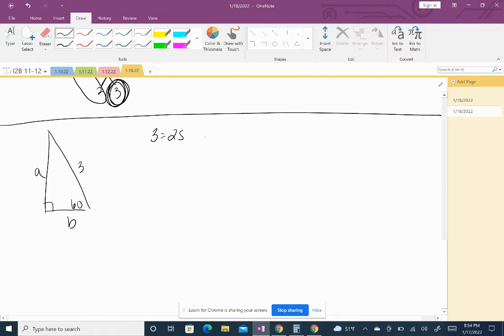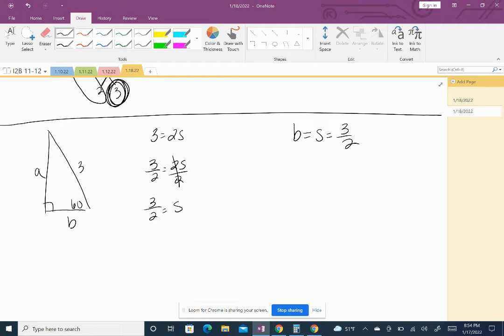All I have to do is divide both sides by 2. The 2's cancel out. So I get 3 over 2 is equal to s, which is great because b is just s. Okay, so now comes the little bit trickier part of the s square root of 3.